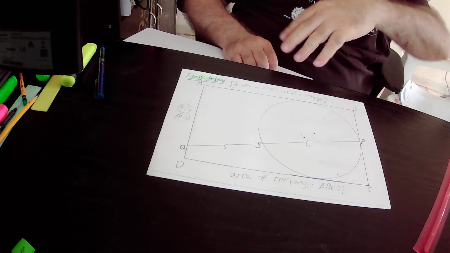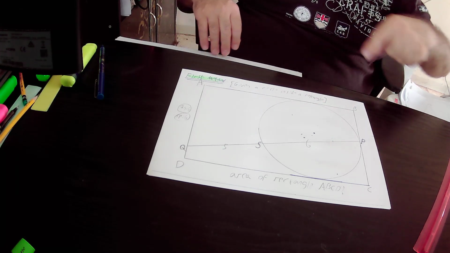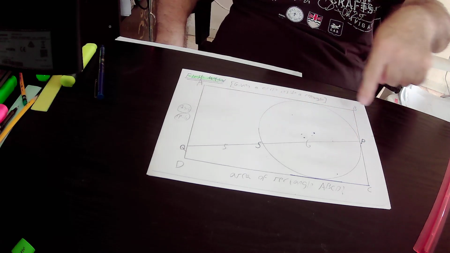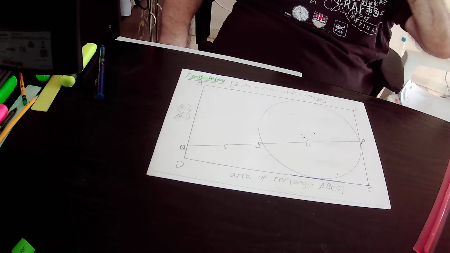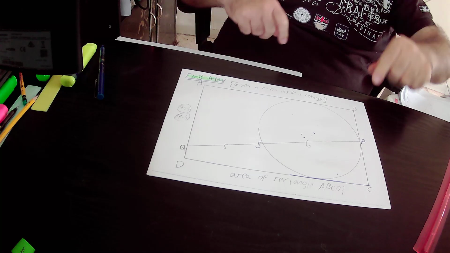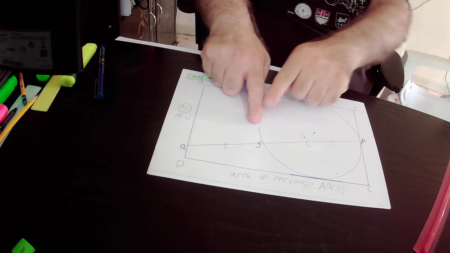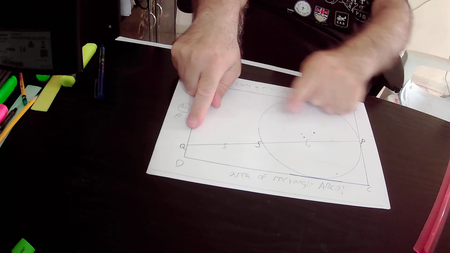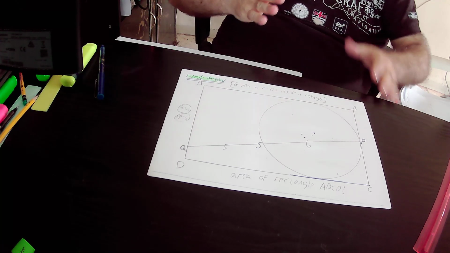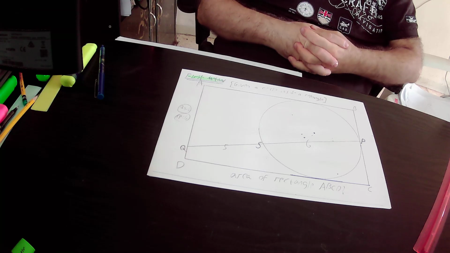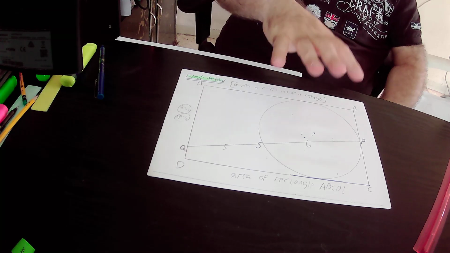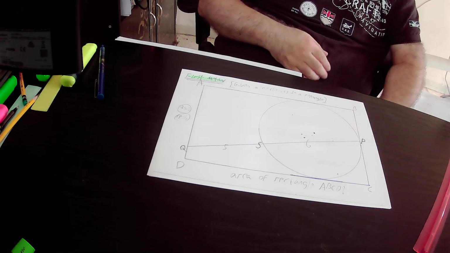Inside this rectangle ABCD, we have a circle that is inscribed by the rectangle. Chord PS equals 6 units. Line segment SQ equals 5 units, and our mission is to find out the area of this rectangle ABCD.